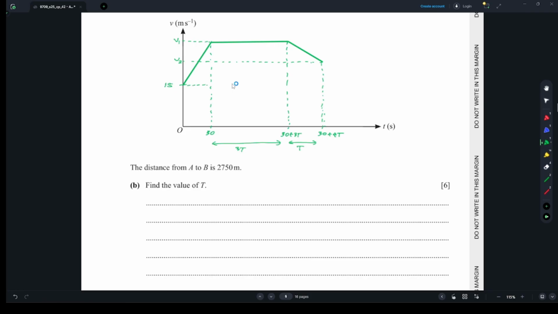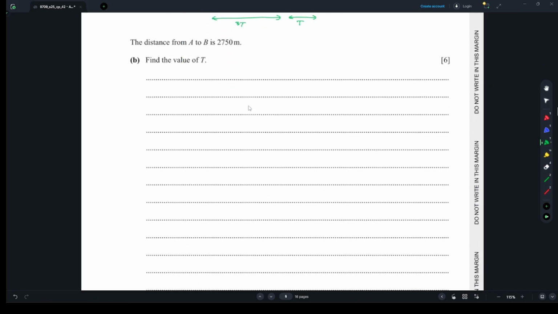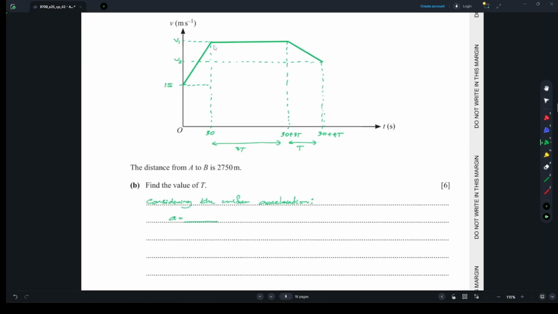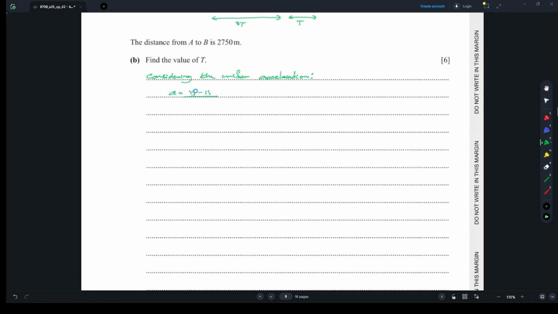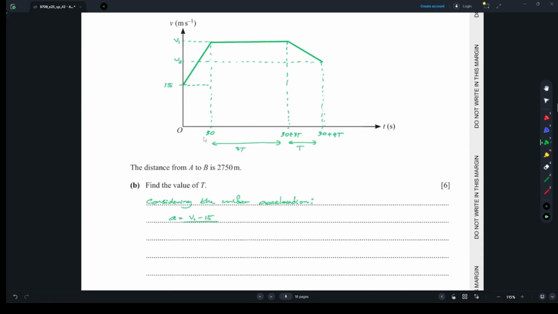If we consider the accelerated motion, we know that the gradient of the graph gives you the acceleration. So I will write here, considering the uniform acceleration, A equals the velocity difference, so this height, V1 minus 15, over the time, which is 30.